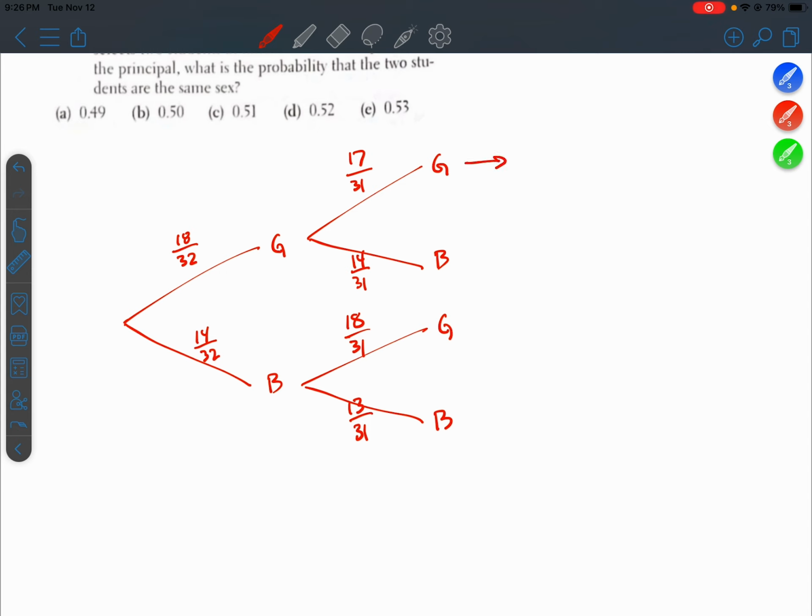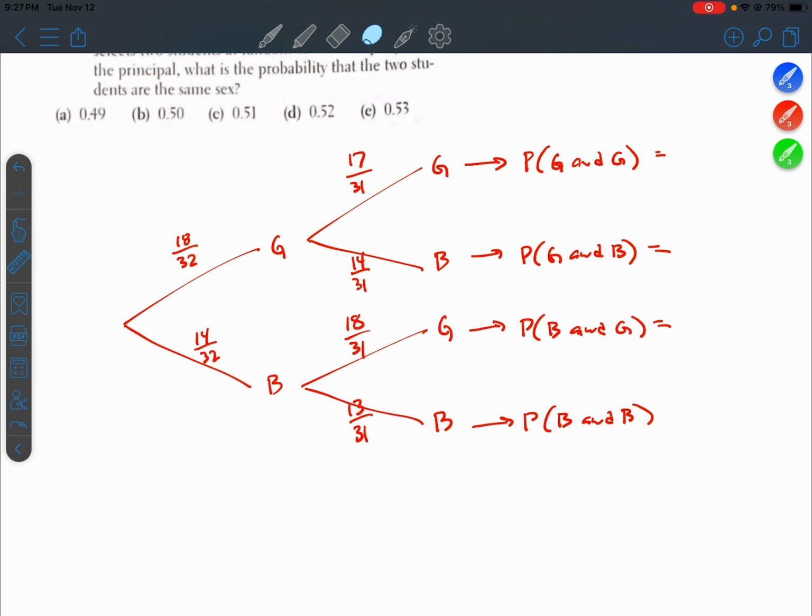Okay, so now what we're going to do is multiply the probabilities along the branches to figure out the probability of the 4 final outcomes. So the probability of girl and girl, this will be the probability of girl and then boy, this will be the probability of boy and then girl, and this will be the probability of boy and then boy.